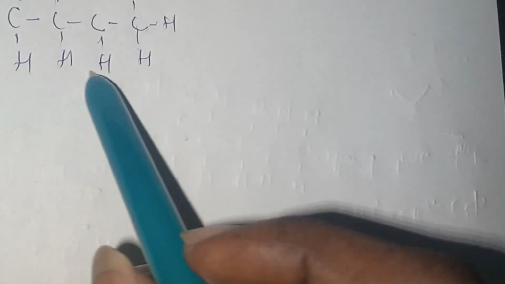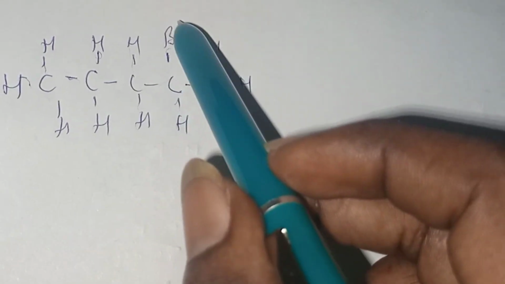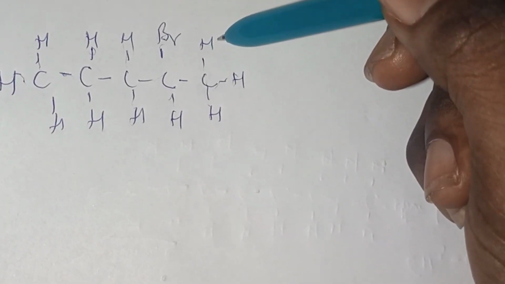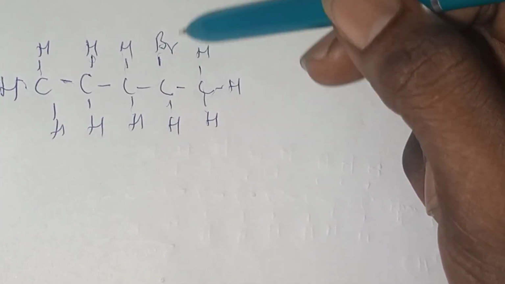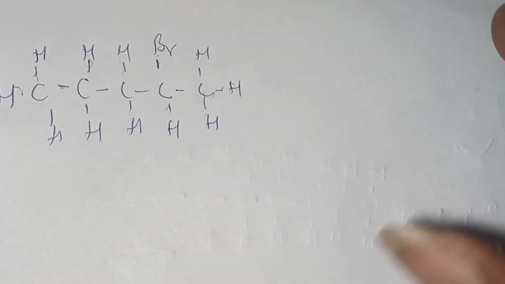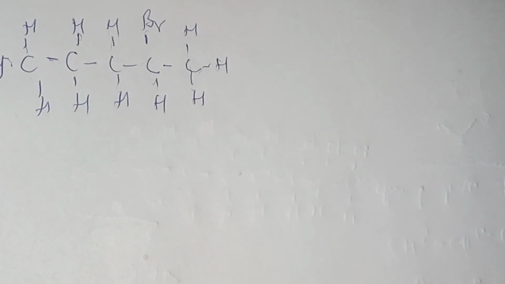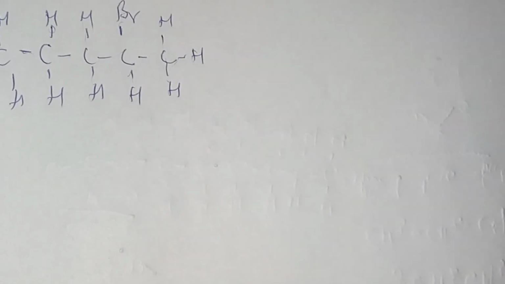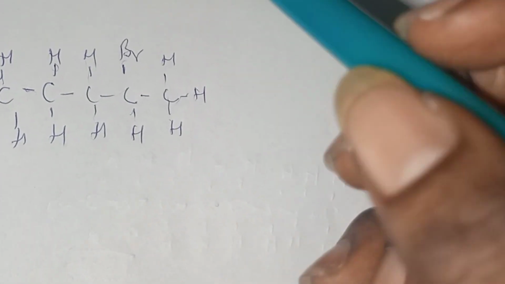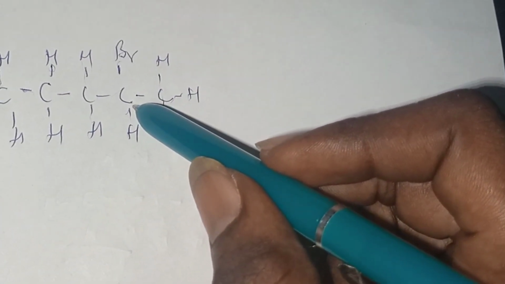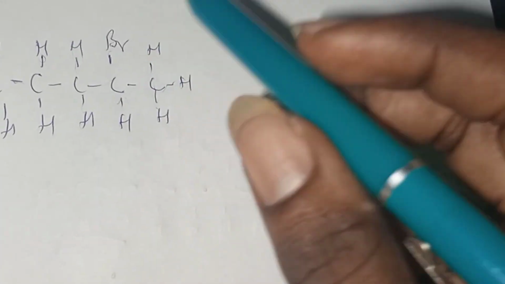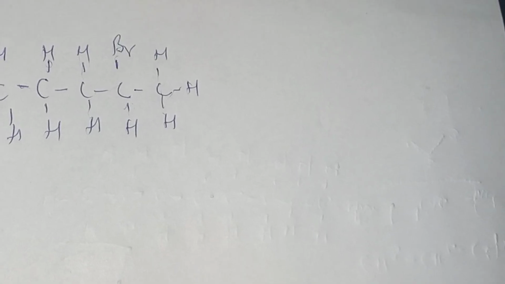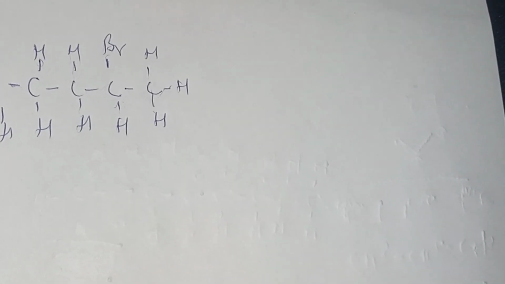So we could see that there is one particular section of this compound, a hydrogen, that has been substituted by an inorganic substituent. This is typically bromine in the compound. So what we do is that we first have to assign the position of the carbon atom that the bromine is found on, so that it will give us reference to how that is looking.